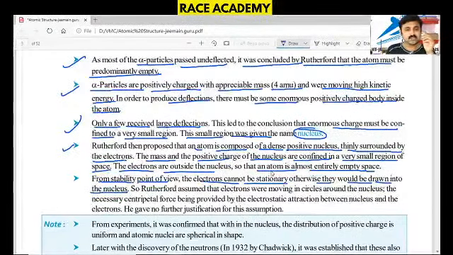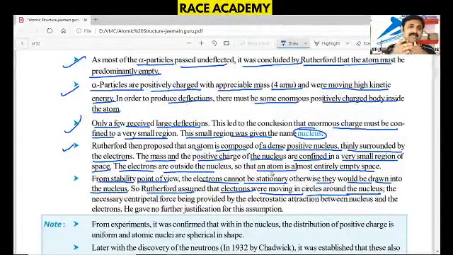That's why Rutherford assumed that electrons were moving in circles around the nucleus. This circular motion assumption was introduced by Rutherford to make the atom stable, because electron and proton may get attracted if the electron is static around the nucleus. So, electrodynamics tells us the electron should be revolving, otherwise the electron may fall into the nucleus.